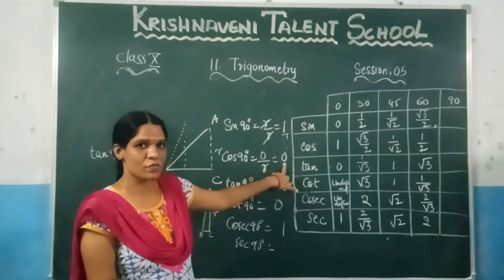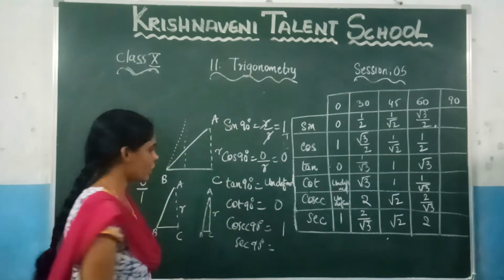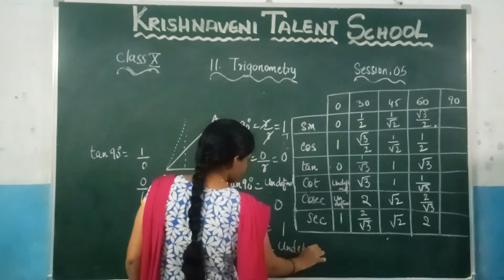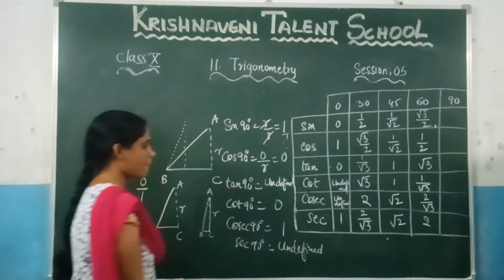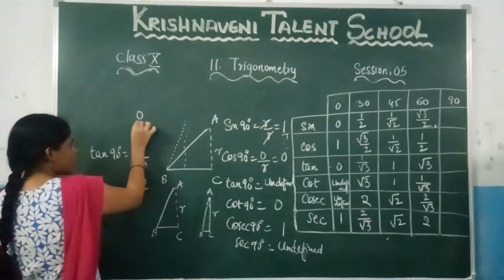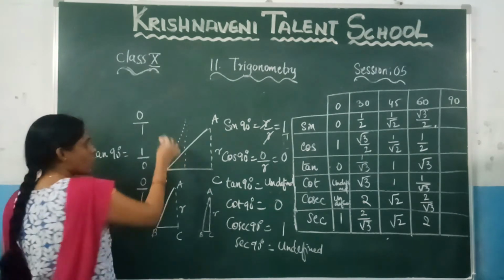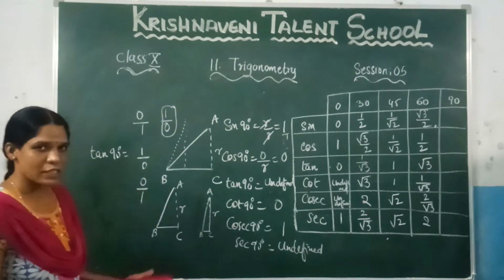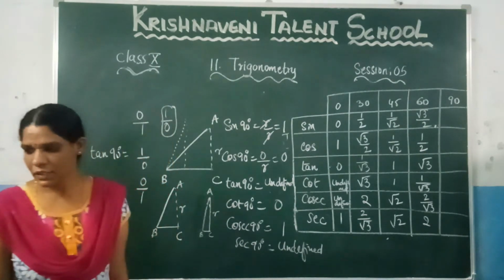What is the reciprocal of 0? It is again undefined. So you can write this value as undefined. Right? Because here the cos value is 0, you can write it as 0 by 1. The reciprocal of this is 1 by 0, which is undefined. If the denominator is equal to 0, we cannot define that value.